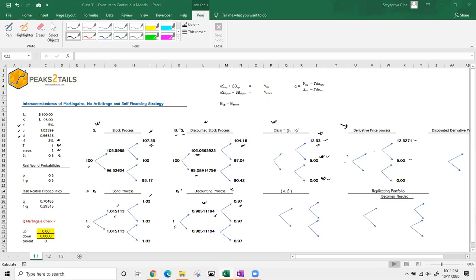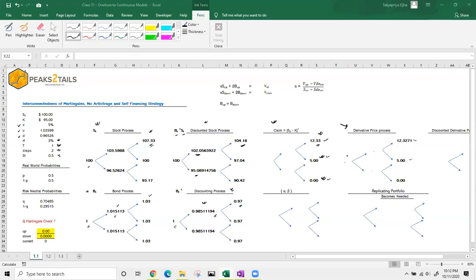And we can do that because it's the complete market. That means stock and bond are the two sources of changes that drive the option price. There is nothing else. There is no other risk factor. It's stock or bond. So mixing stock and bond in an appropriate proportion, we can mimic or mirror the payoff of the derivative.